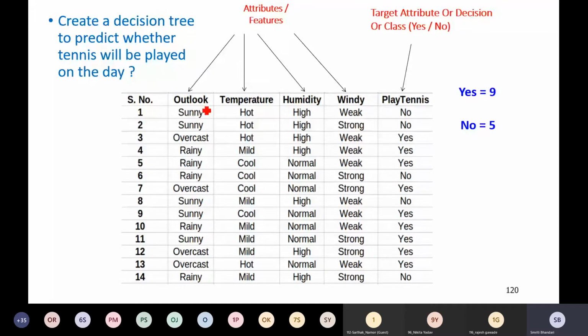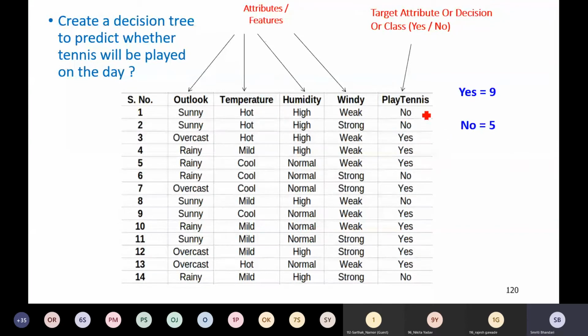Based on this weather condition, we would like to determine whether to play tennis or not. So play tennis is the target attribute or the decision. Based on the weather conditions of the day, we are going to predict whether to play tennis or not on that particular day.